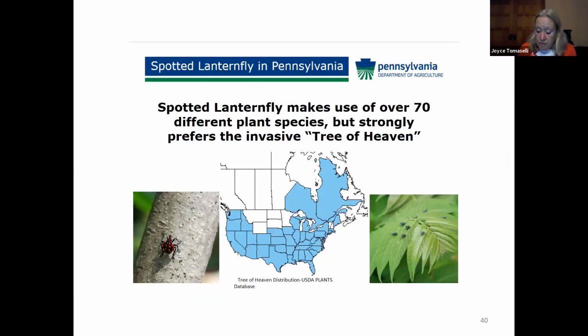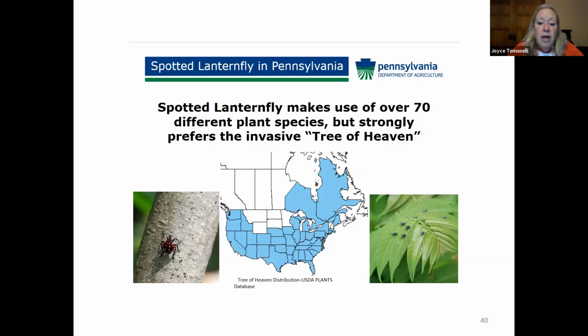I want to go into a specific example of why some tree identification is important. And that's to also make you understand about a new pest that's coming into our area called spotted lanternfly. You may have heard about spotted lanternfly, and I wanted you to use that as an example about understanding identification and lookalikes for, in this case, scouting.